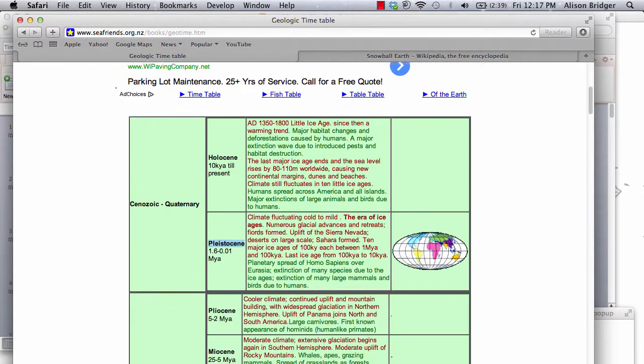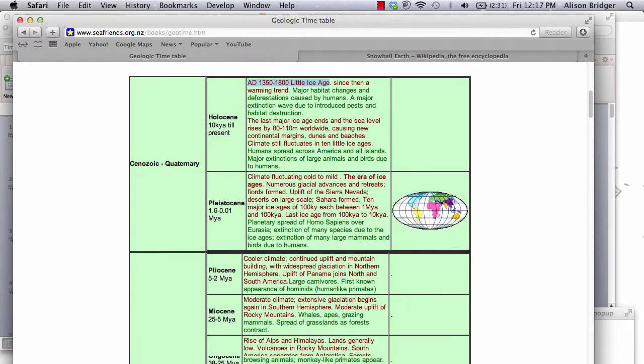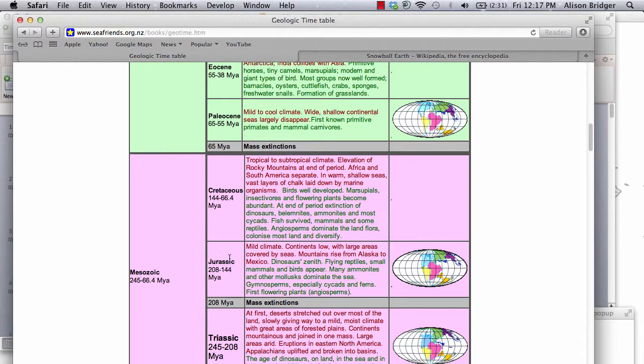The third column and the fourth columns are particularly important. They describe the climate and some other things. So for example, let's look at the current climate, AD 1350 to 1800, the Little Ice Age. We're going to look at that in a few minutes as part of this clip. Let's go down to the Jurassic, for example.